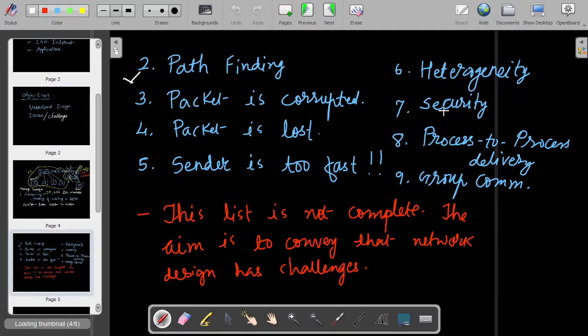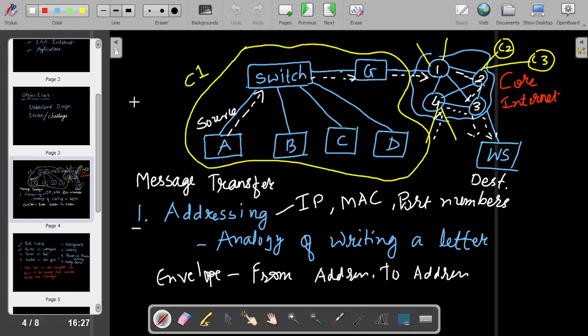So, first issue was addressing, second issue was path finding. The third issue is packet corruption. Let us say the packet originates from source A, passes through this path and reaches the web server.